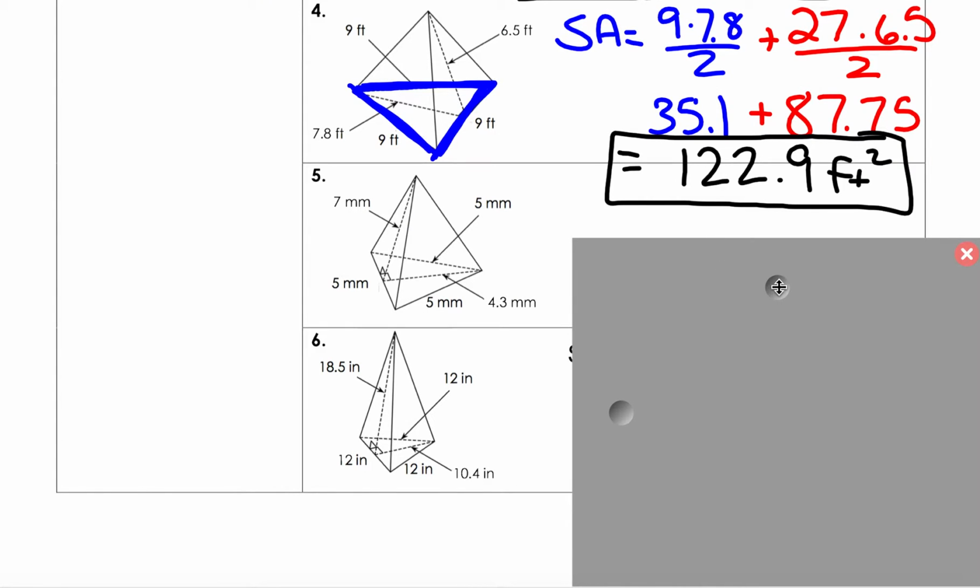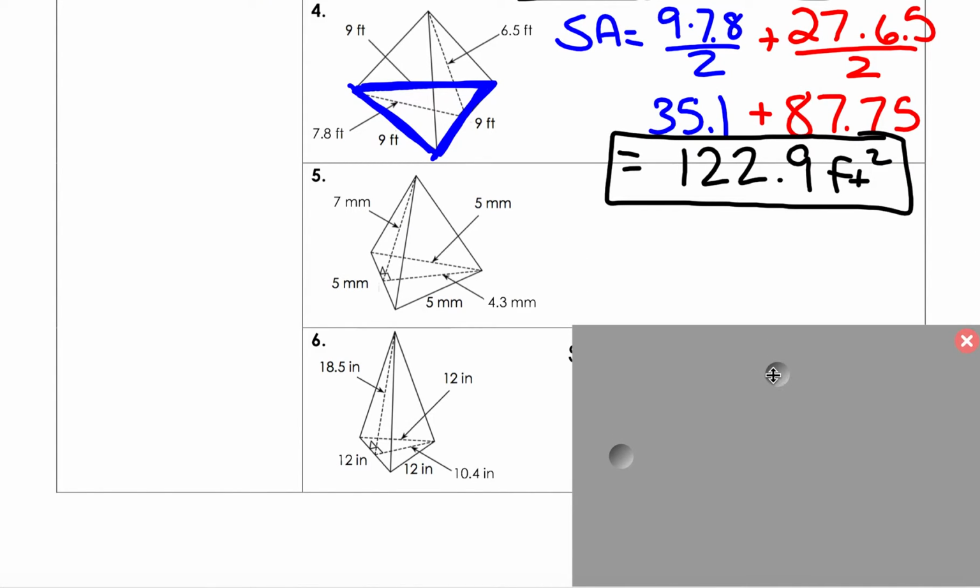Next, we're going to do number 6, which is a triangular pyramid. Just to remember, how do I figure out which is going to be my base? Since they're all triangular sides, I have to figure out which one's my base. In order to do that, I have to look at which triangle I have all of the side lengths for.